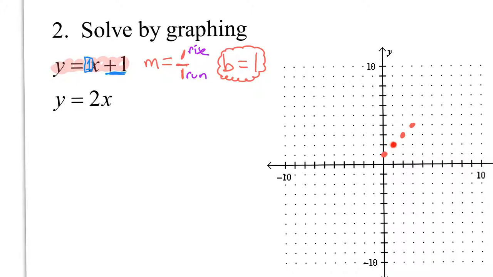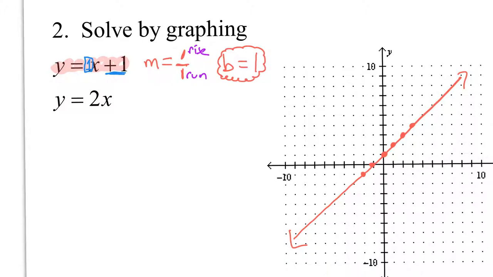Instead of going up to the right, you go down to the left. So I make another point here, down to the left, right here. So we have the line. Notice how many points I have: 1, 2, 3, 4, 5, 6. That's good. My line is going to be more accurate.